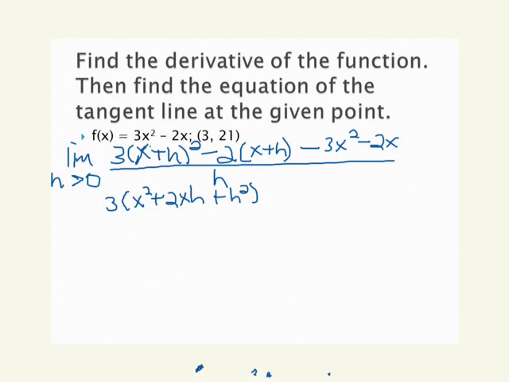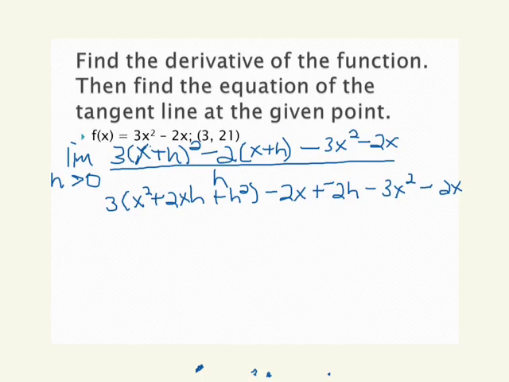And I'm going to go ahead and distribute here, so minus 2 times the quantity x plus h, or excuse me, plus a negative 2h, minus 3x squared minus 2x. So for the sake of saving room here, I'm just going to work the numerator, and then we'll bring the limit and the denominator back in for a moment. But I don't have a lot of space on my slide, so just bear with it here.